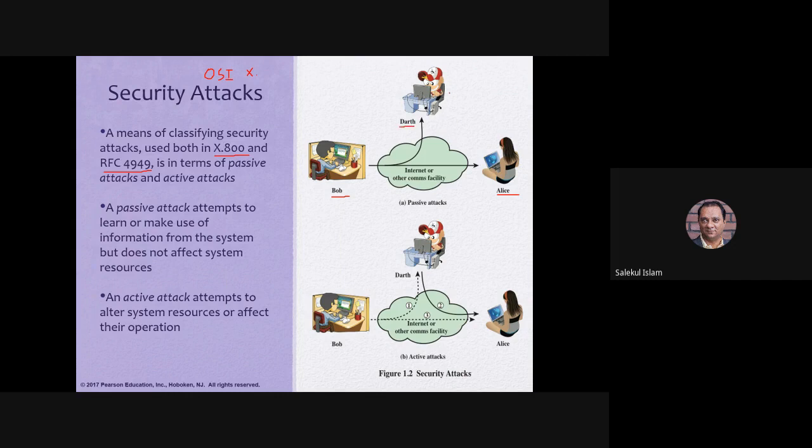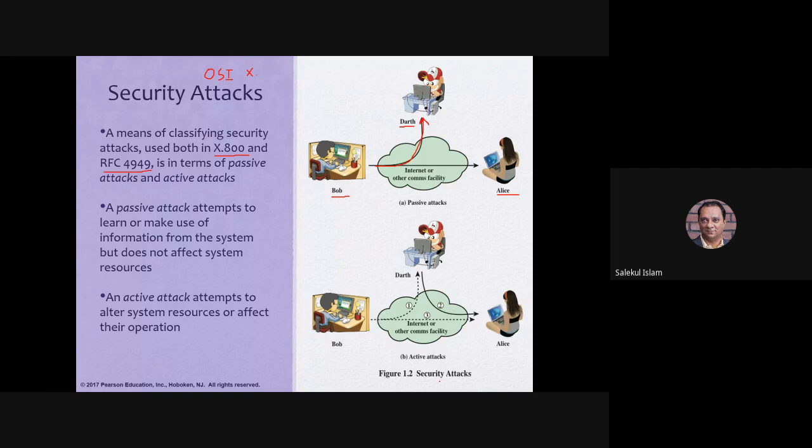Bob is sending something to Alice through the internet or other communication protocols. Dart is a passive attacker. Dart is just keeping a copy of the messages. And none of them, Bob or Alice, are aware of this attack. So we say that this is one kind of passive attack.